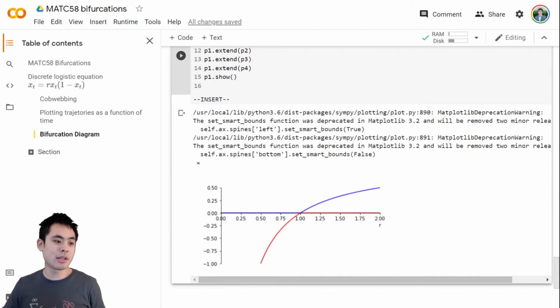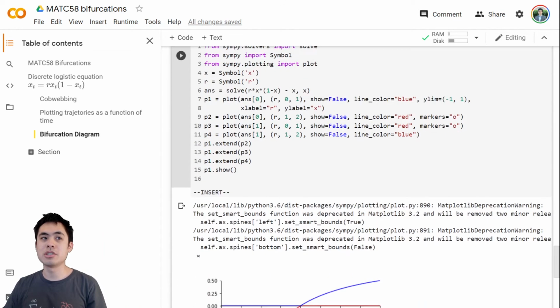So this here is a bifurcation that swaps types. This is a transcritical bifurcation, so type 3. There are lots of different types of bifurcations, and in your exercises I'll have you doing some examples in Python, as well as by hand, to understand the different bifurcations.